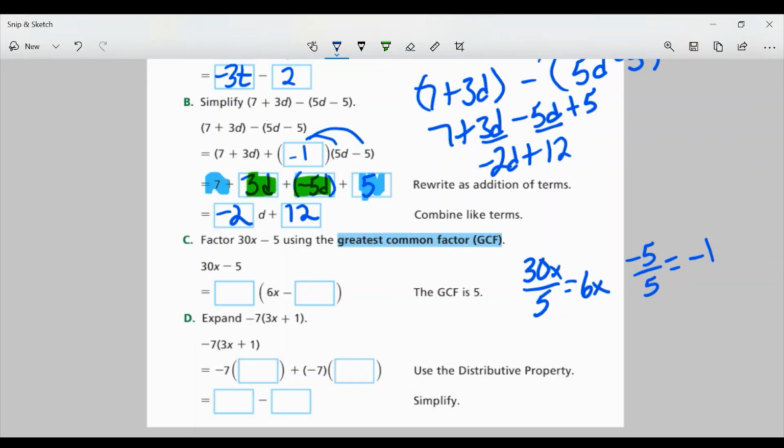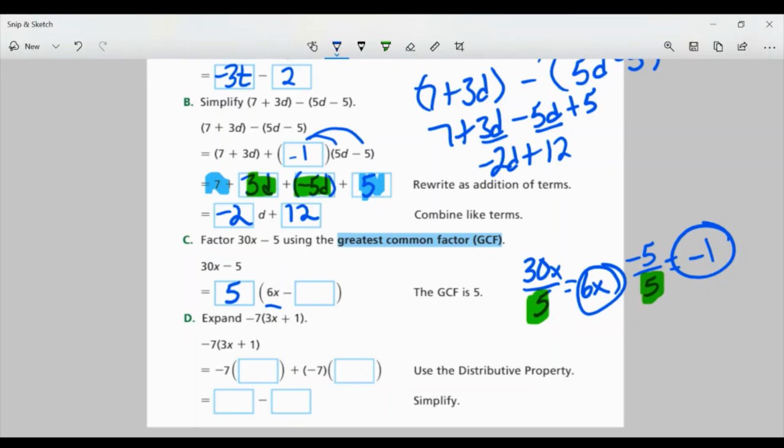So when I go to rewrite this, I'm going to use my GCF, I'm going to write that here on the outside, which was 5. And then in the parentheses, I'm going to put what I had left, right? Which 30x divided by 5 is 6x.